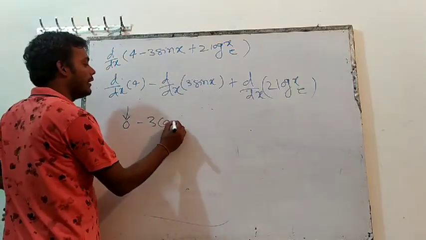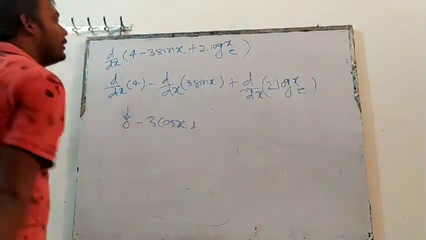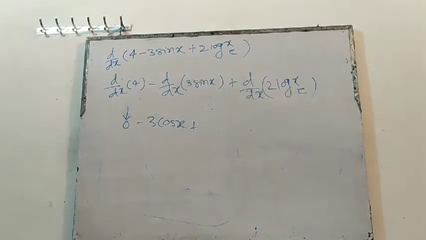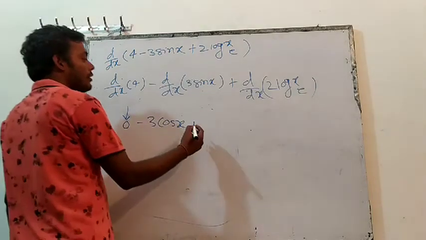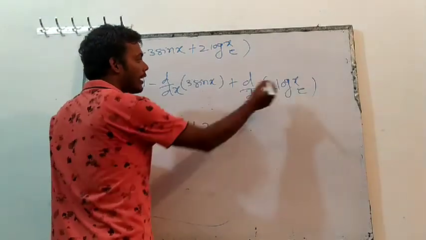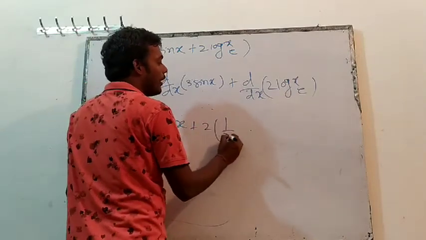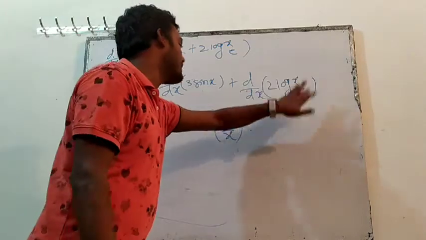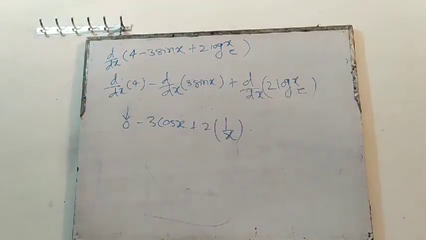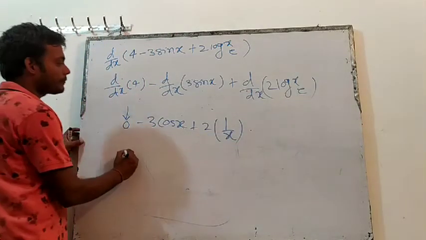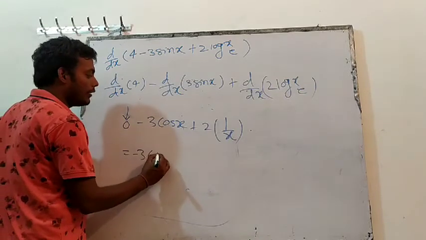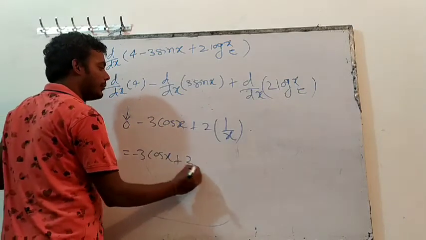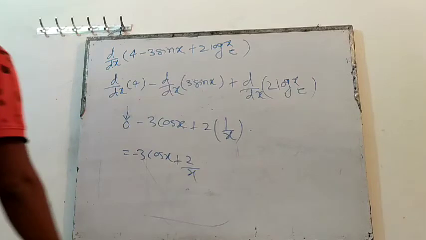So this will be minus 3 cos x plus 2 log x base e. 2 is a constant, so 2 will be outside, and the differentiation of log x base e is 1 by x. This formula I have written. So what will be the answer? Minus 3 cos x plus 2 by x. This will be the answer.